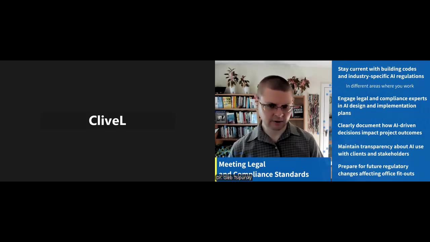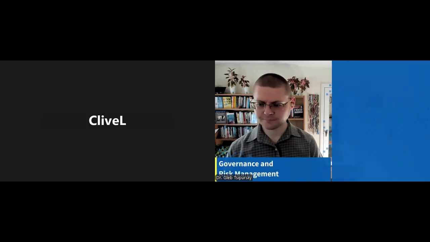And prepare for future regulatory changes affecting office fit-outs. So thinking about regulation, what's coming down the pipeline, that is an interesting and important issue depending on where you're working. So again, the EU AI law, and in other global contexts, whatever's happening, some countries might have certain restrictions. I remember Italy banned ChatGPT at one point. So thinking about these issues.